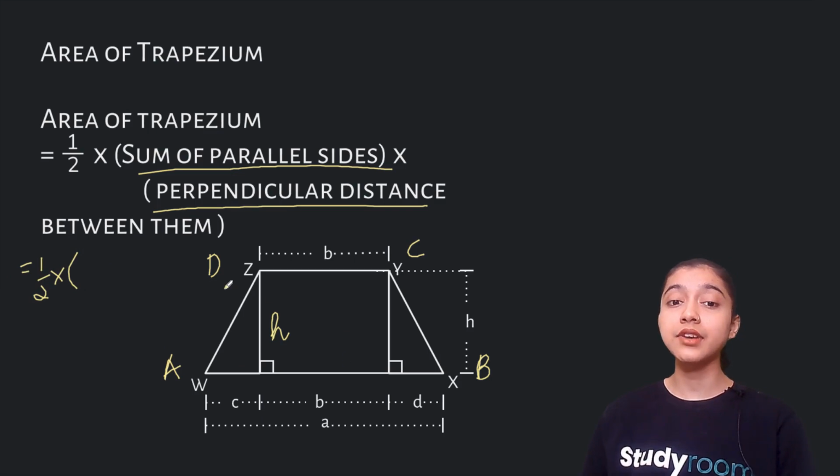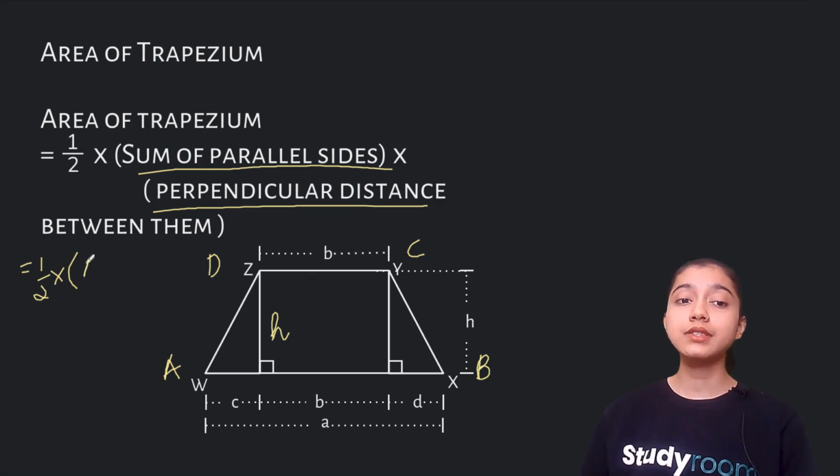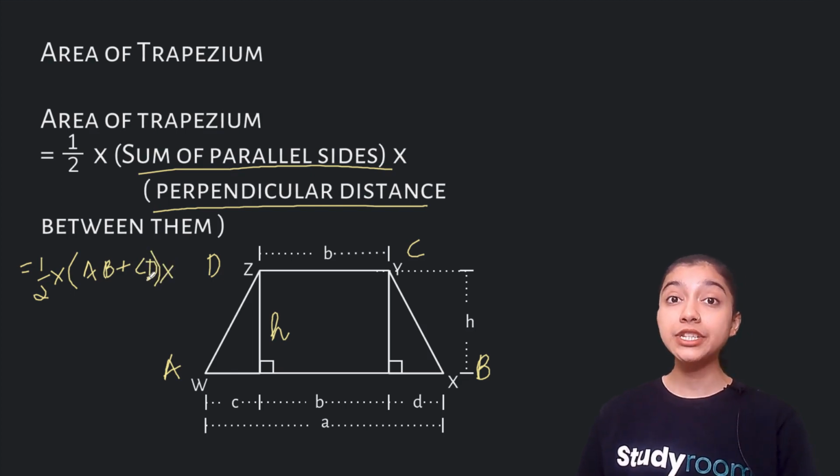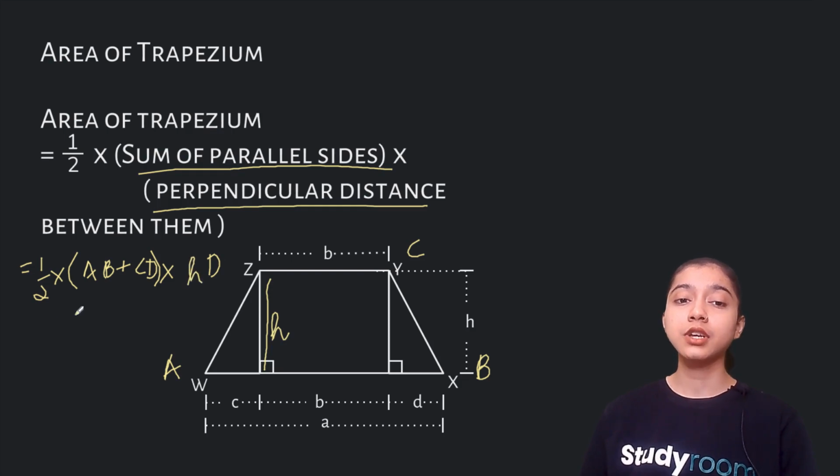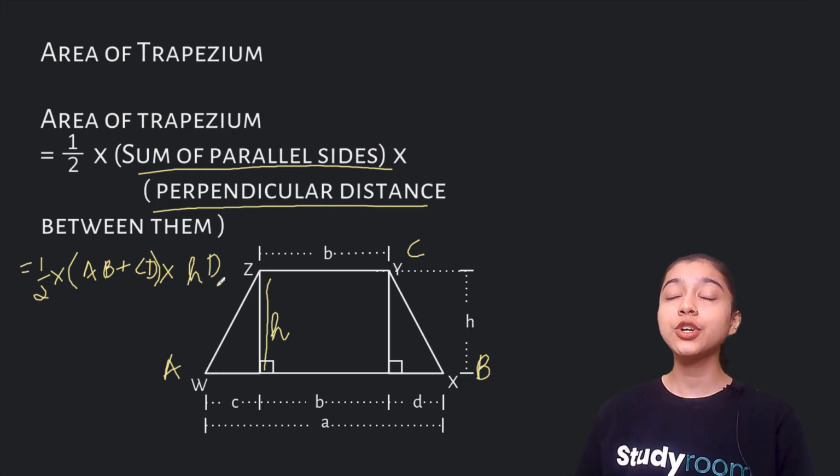The parallel sides are AB and CD. So it's AB plus CD. This is the sum of parallel sides multiplied with the perpendicular distance between the parallel sides. So the perpendicular distance between the parallel side is H over here. So I'll be writing H. So half into AB plus CD into H is the area of the trapezium.